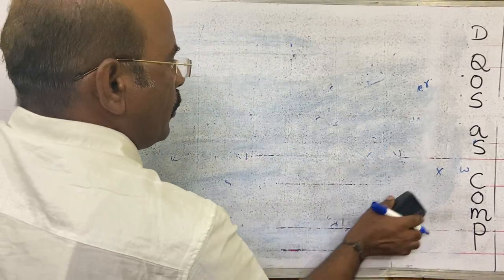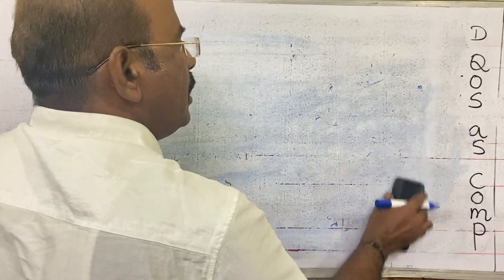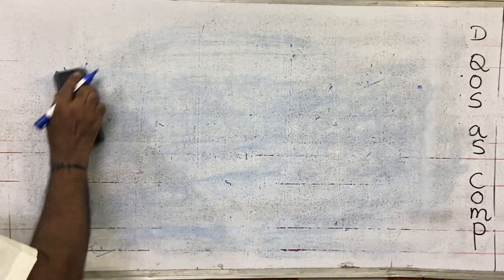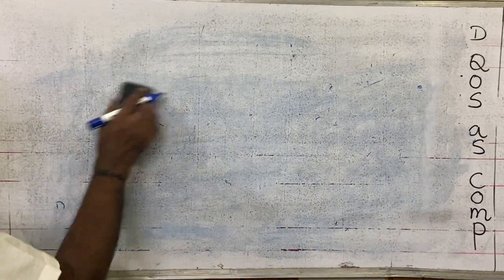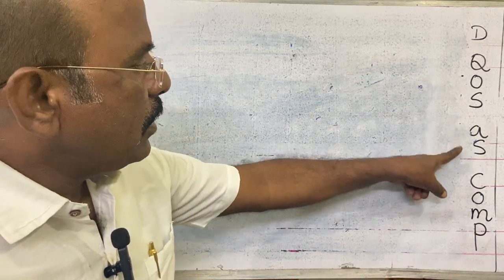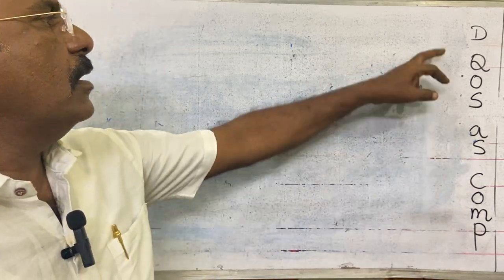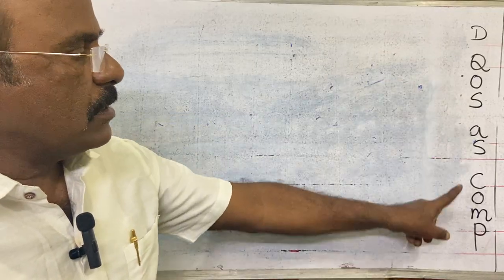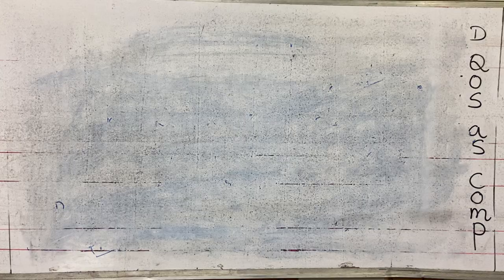Before we go to this, here I presented some words. DQOSASCOMP. So what is this? That means for noun modification we are using a particular series. So I am giving it.